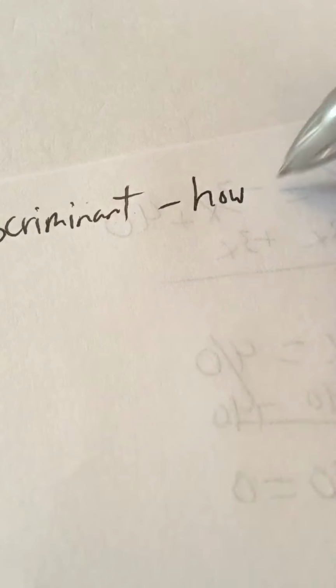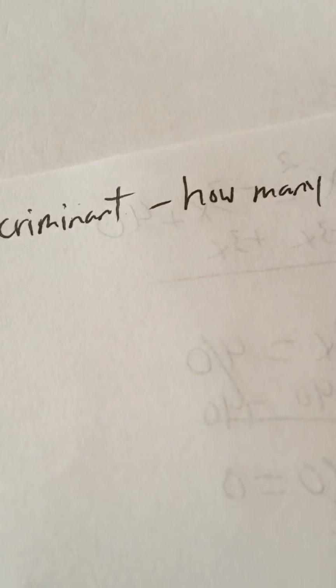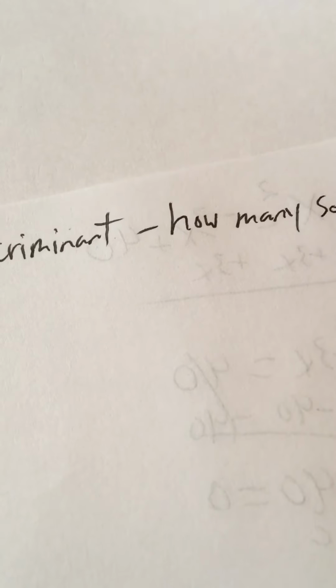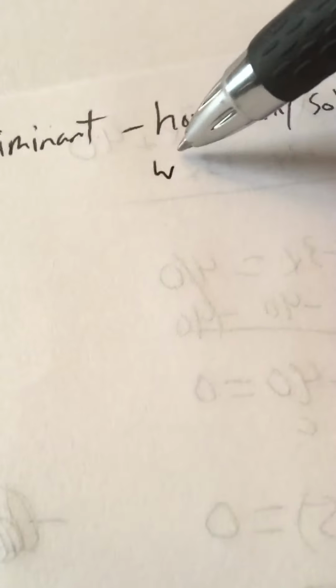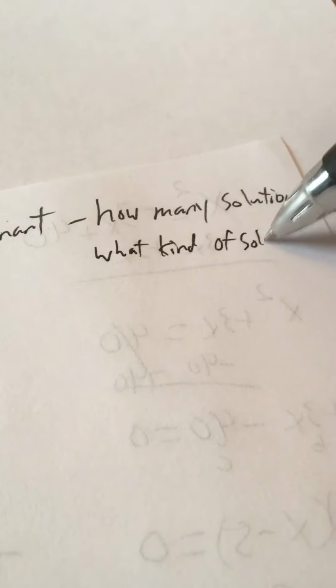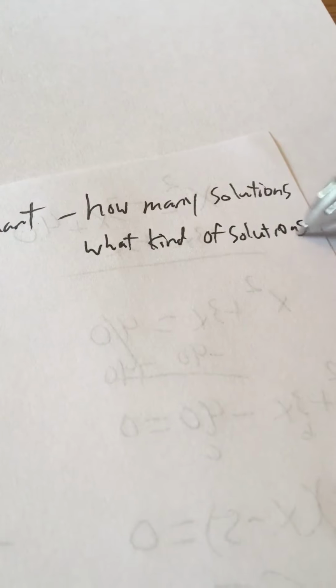It tells me how many solutions and also I would add what kind of solutions. That's as good as my handwriting gets, so sorry about it. How many solutions and what kind of solutions?